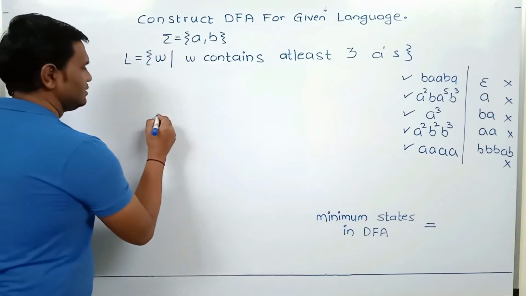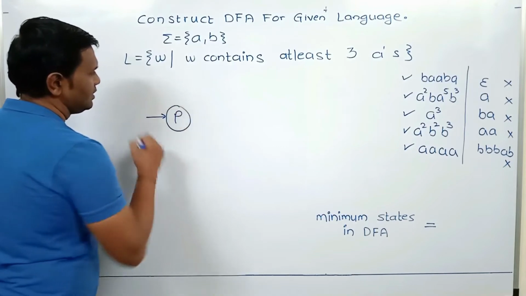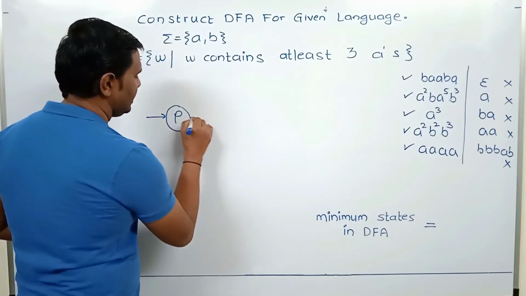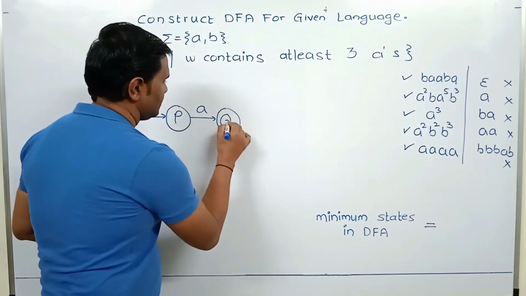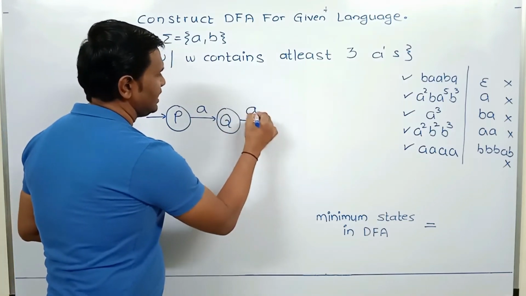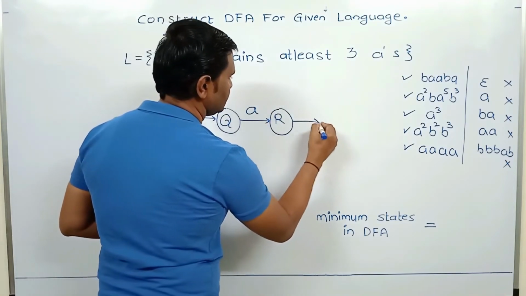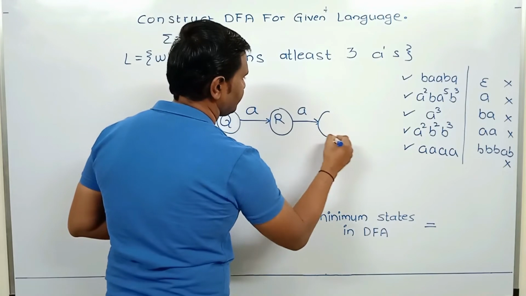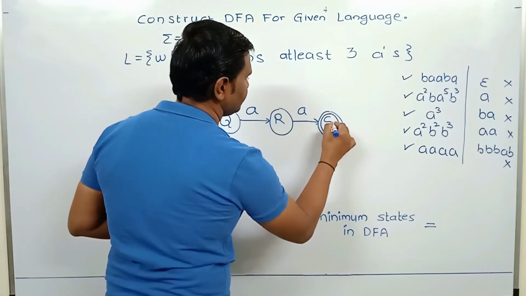So let's take the initial state as P. Now we require at least 3 A's. So here we process the second A and then the third A. So we mark this state as the final state.